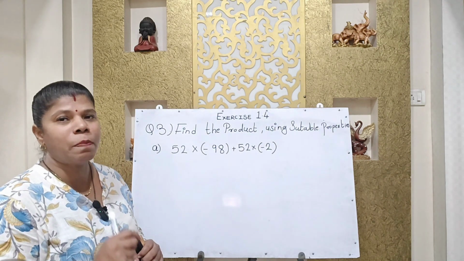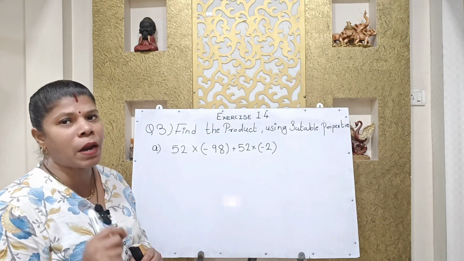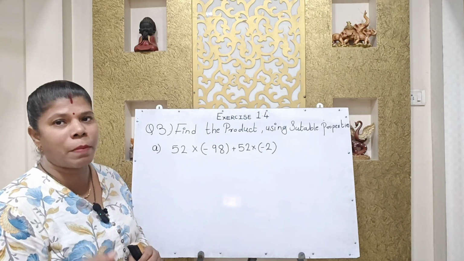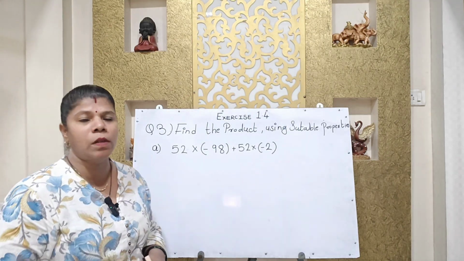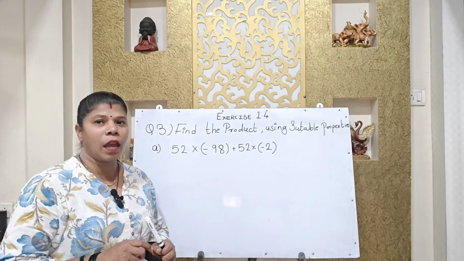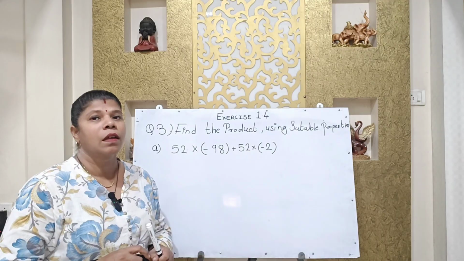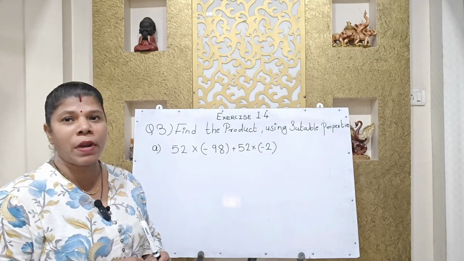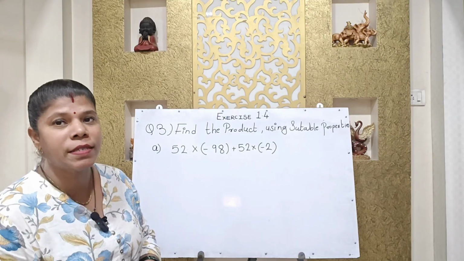A multiplied by B multiplied by C equals A multiplied by the answer of B multiplied by C. It's the associative property. One property we have learned is A multiplied by (B plus C) is equal to A multiplied by B plus A multiplied by C.